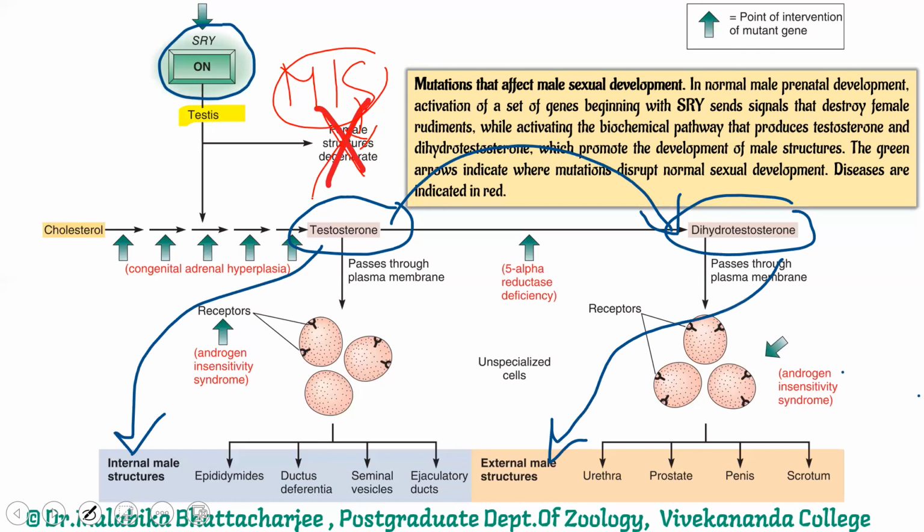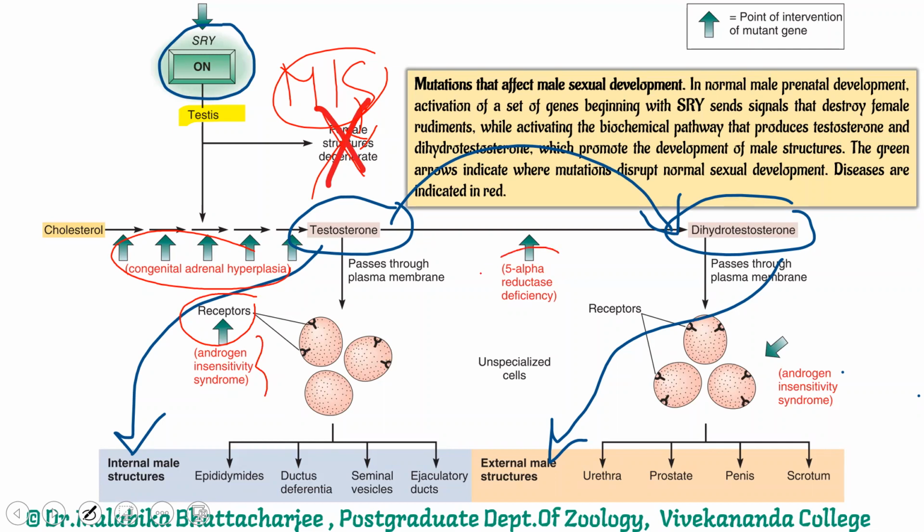Now, these are some mutations that have been shown. For example, if the pathway from cholesterol to testosterone is defective, then this disease occurs: congenital adrenal hyperplasia. If the receptors for testosterone are not properly synthesized, then this condition develops: androgen insensitivity syndrome.